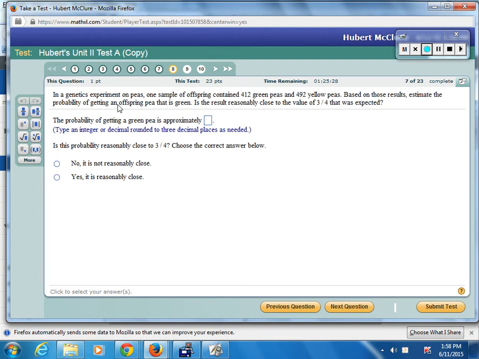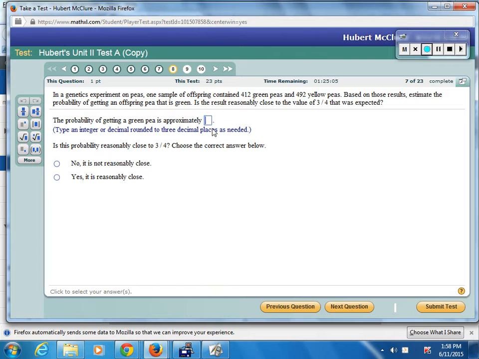In a genetics experiment on peas, 1 sample of an offspring contained 412 green peas and 492 yellow peas. Based on this result, estimate the probability of getting an offspring pea that is green. So that'd be 412 over 904.